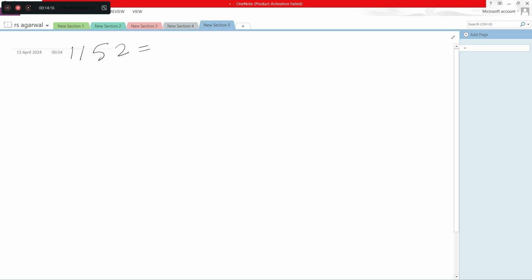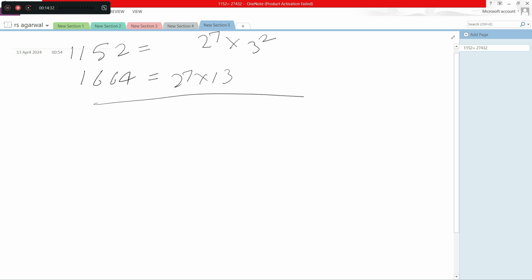1152 is equal to... here SCF equal to 2 to the power 7, equal to 2 into 2 into 2, it's 128.